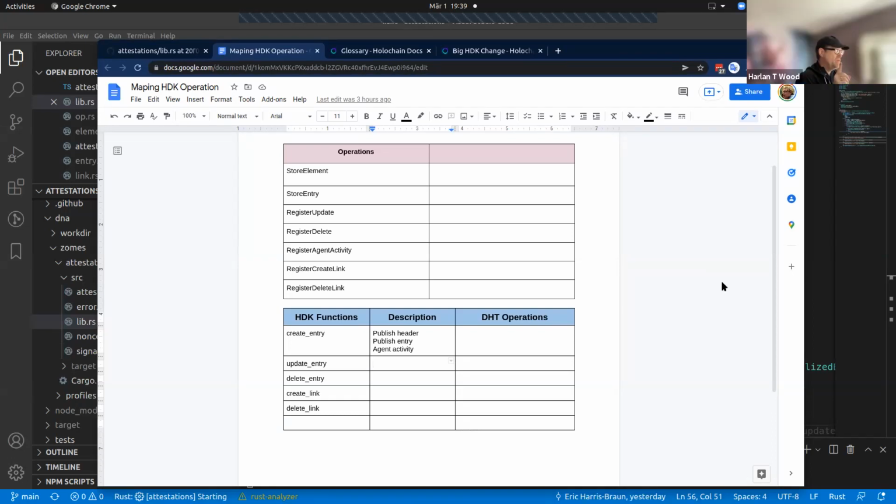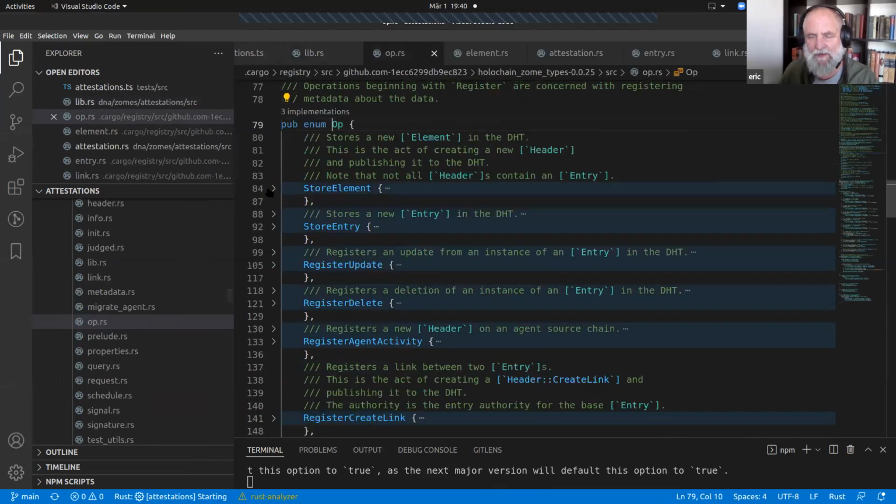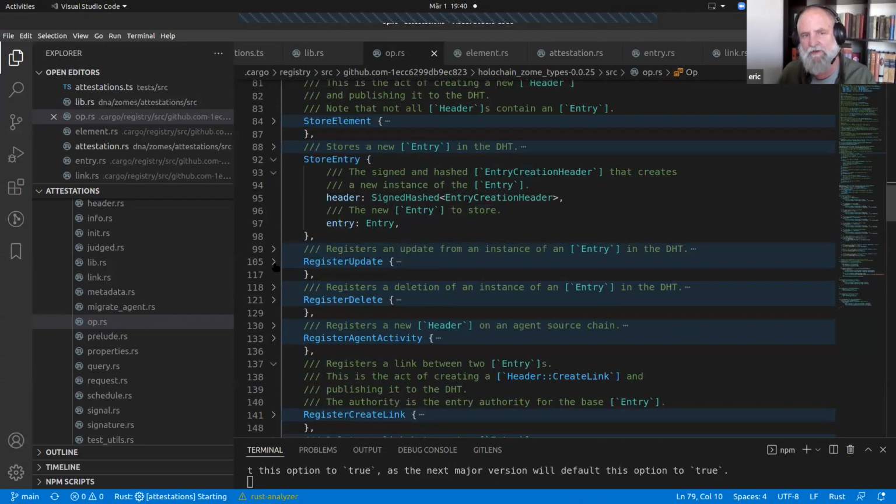So I have one high level question. Yes. I assume that the validation ops is documented in the HDK documentation, but I'm having a little trouble finding it. It is. Search for ops. Yep. The thing that's not documented, and I was getting on their case when this came out, is the function that calls.